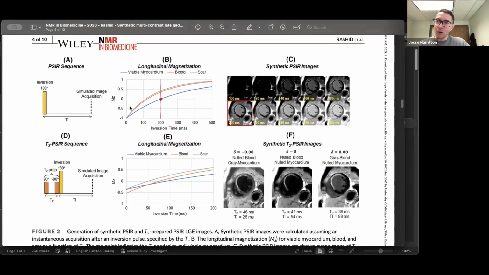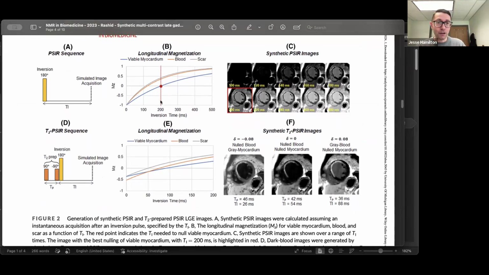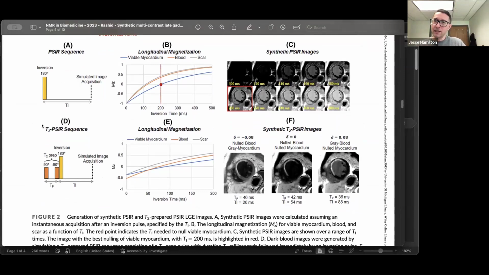So this is showing how we simulate both the PSIR and the T2 prepared PSIR images. For the synthetic PSIRs, we can choose any inversion time that we want, and we automatically select the best TI that nulls viable myocardium. For the T2 PSIR images, we're using a sequence that looks like this. We have a T2 prep, an inversion pulse, and then our simulated acquisition.